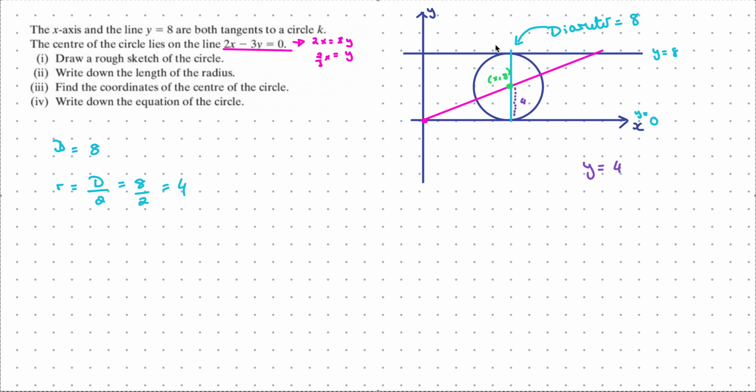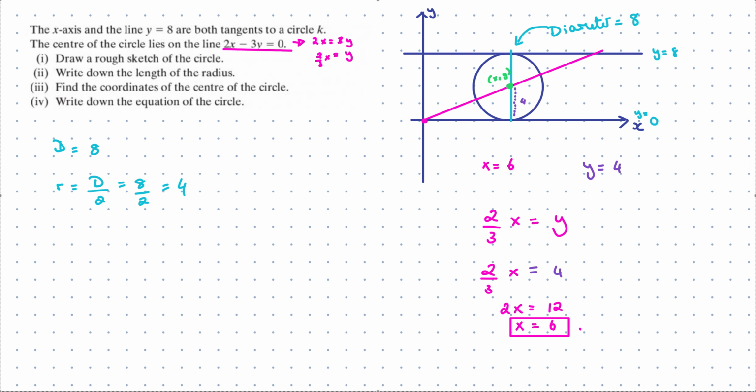So then all I'm going to do is I'm going to have 2 over 3x is equal to y. I know y is equal to 4 now, so I can fill in 4 is equal to 2 over 3x. Now it's a little equation. We can solve that. So I'm going to multiply both sides by 3 and I get 2x is equal to 12. I'm going to divide both sides by 2 and I'll get x is equal to 6.